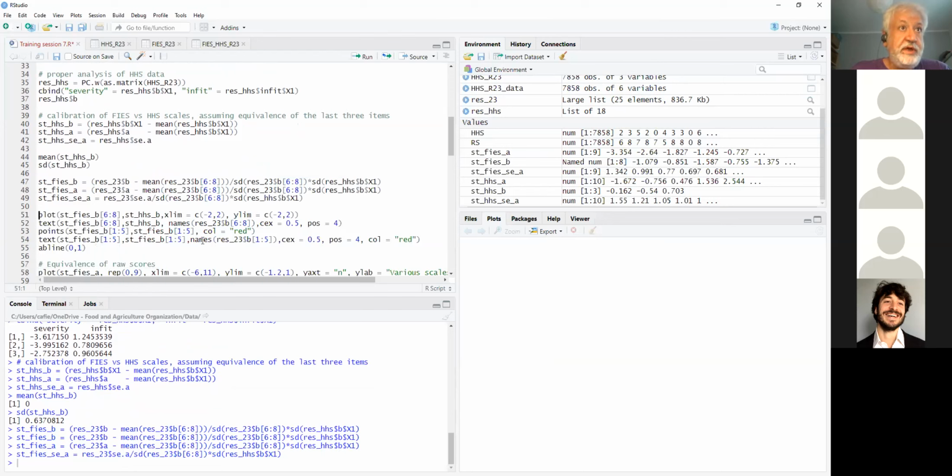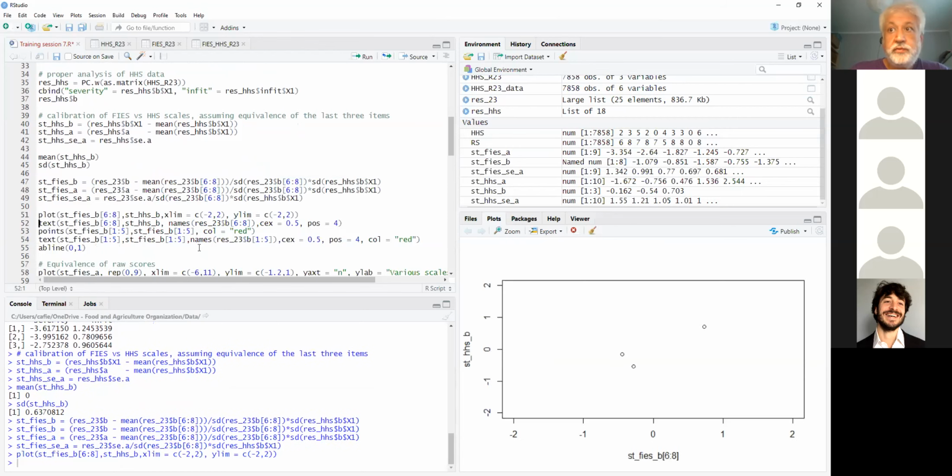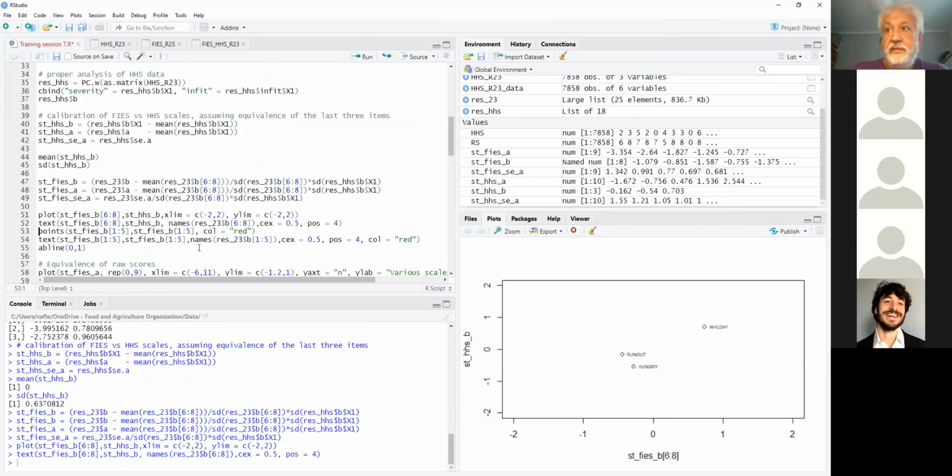Now, just to demonstrate what I did, I can show what is the equivalence of these parameters. So I am plotting here the last three parameters of the FIES against the three parameters in the household hunger scale.